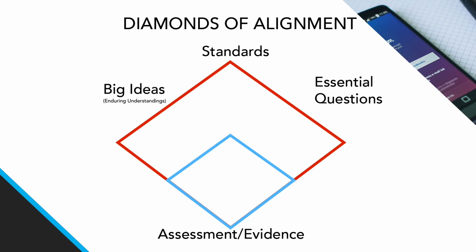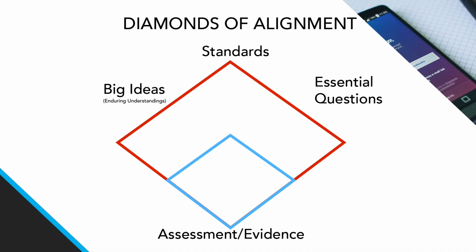Those four parts, the relationship between standards, enduring understandings, essential questions, and assessment, can be pictured as a four-part diamond, if we put the standards at the top of the unit and the assessment evidence lower in the unit. We tend to list enduring understandings and essential questions next to each other to show that alignment and that relationship.